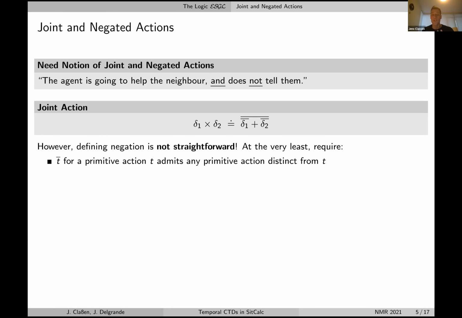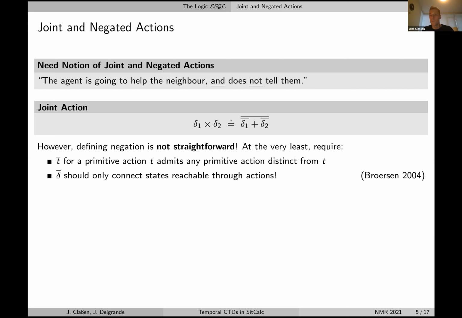So at the very least, what we would want is that the negation of a primitive action, of course, does not admit that action, but any other action that is distinct from it. We also should make sure that the negation of a program basically only connects states that are also otherwise reachable through actions.